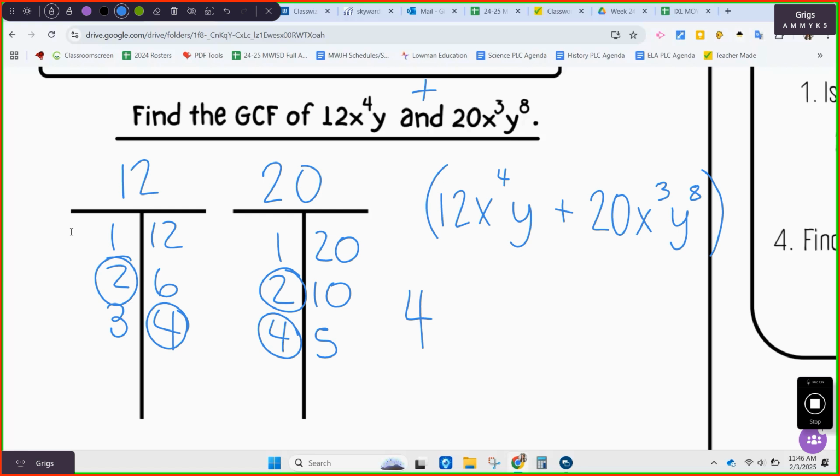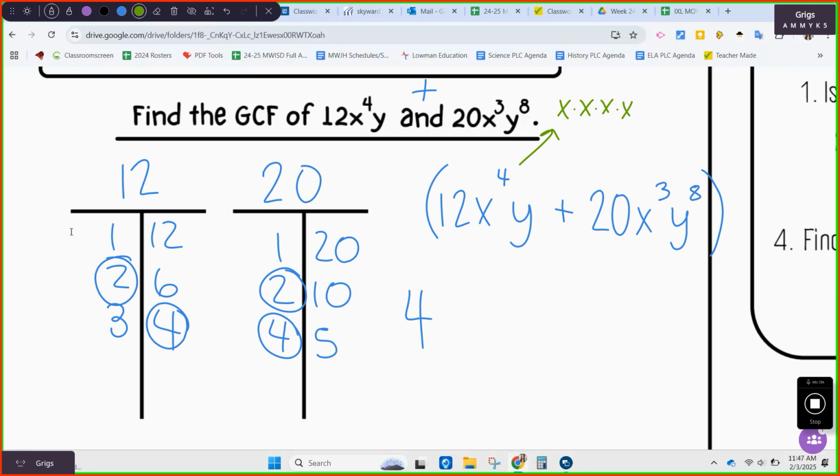Alright, now here's where we have fun. Looking at my x's, I have x to the 4th and x cubed. What does x to the 4th look like expanded? x times x times x times x.